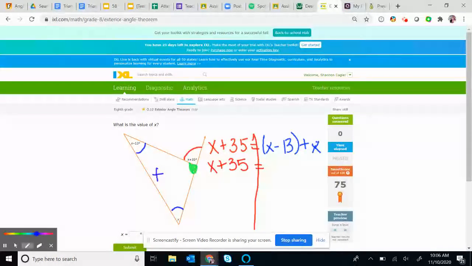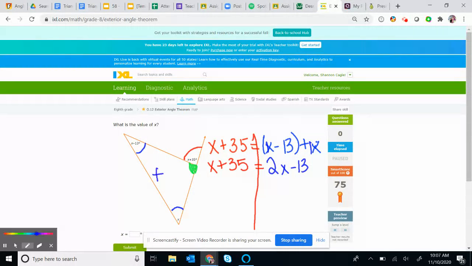So x plus x, remember if there's no coefficient, we know that that is the same as 1x because there is 1x. So x plus x would give us 2x minus 13.